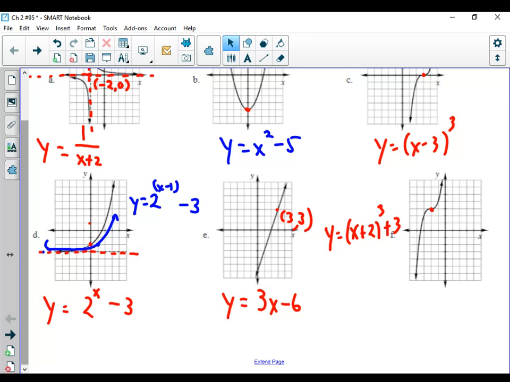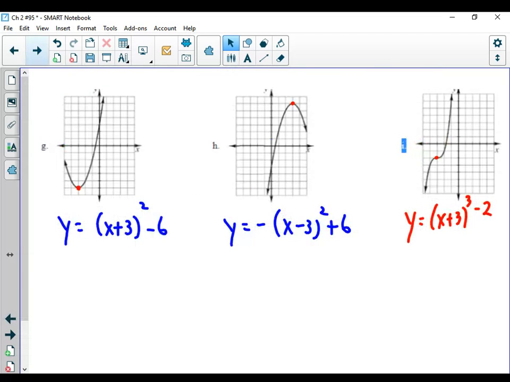What's that going to give us? All right, so we've done all these different types of graphs.